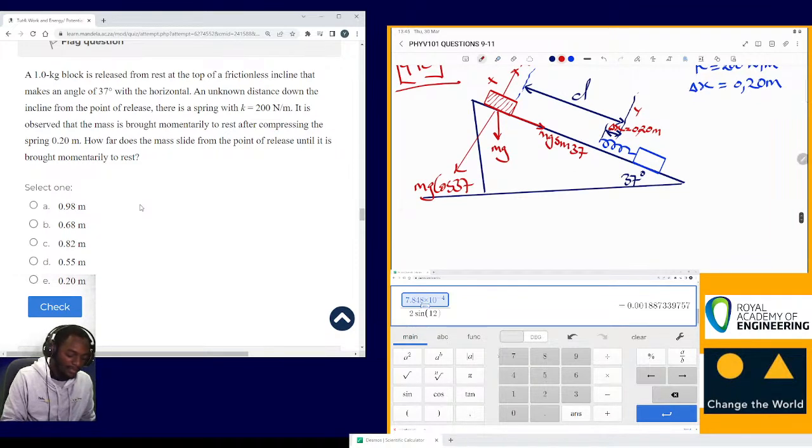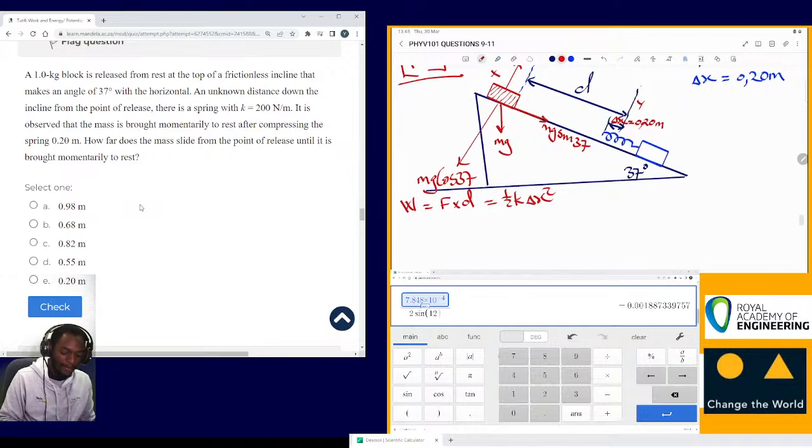And we know that the work done is equal to force times the distance moved by the object. And we're saying this work is going to be equal to the elastic potential energy stored by the spring in bringing this block to rest. We've used the equation before: half k delta x squared.